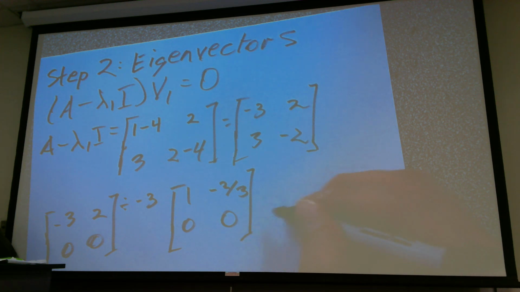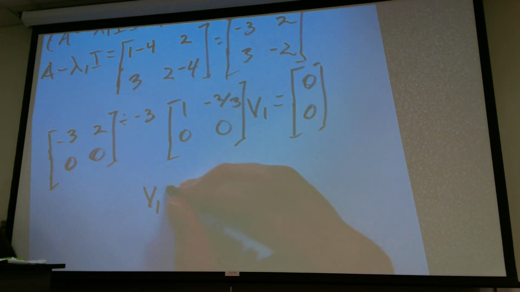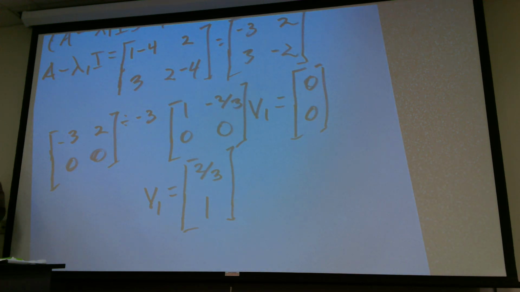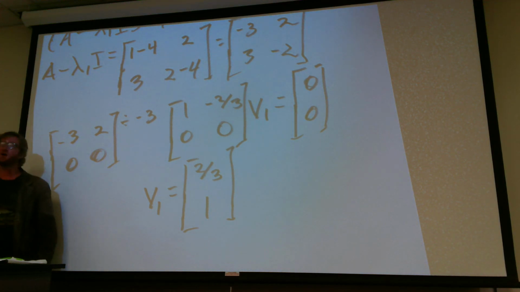Okay, now this has to act upon some V1 and produce 0 and 0. Okay, so that tells me that my V1 is 2/3 and 1. Okay, so great, we got our first eigenvector.